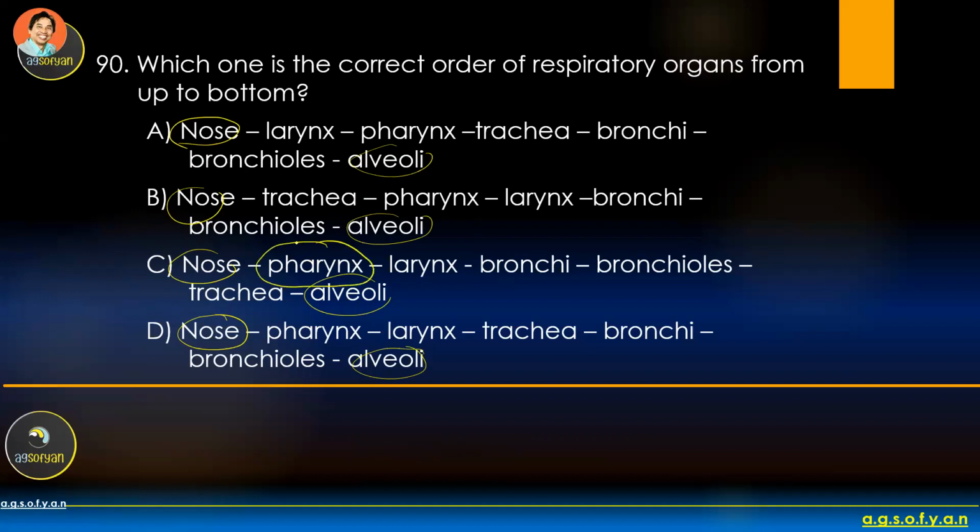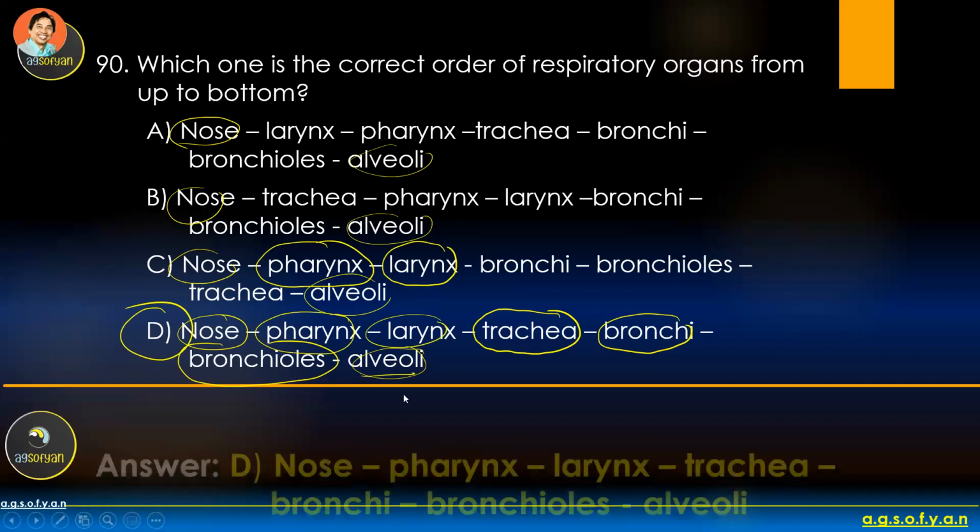And then from the pharynx, it will go to the larynx. From the larynx, it goes to the trachea. And then from the trachea, it goes to the bronchi. The bronchi branch into many bronchioles and finally end at the alveoli. So the answer will be nose, pharynx, larynx, trachea, bronchi, bronchioles, and alveoli.